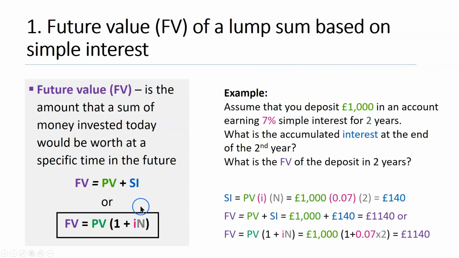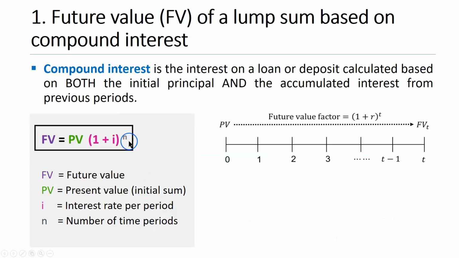Compare with the previous formula. Previously, we multiplied interest by number of periods. Here, we raise it to a power which is equal to the number of periods, number of years. In other words, our capital will grow exponentially, not in a linear manner, but exponentially. And this is how you can get really, really rich.